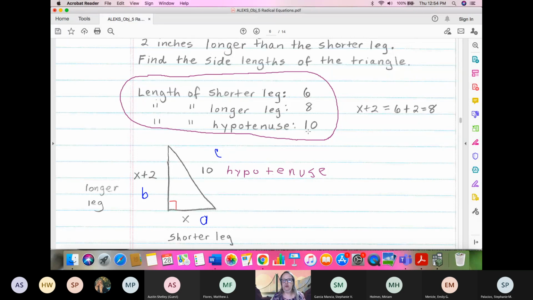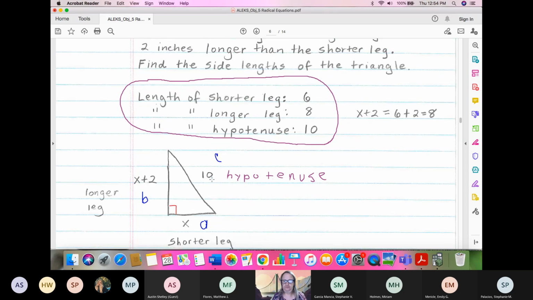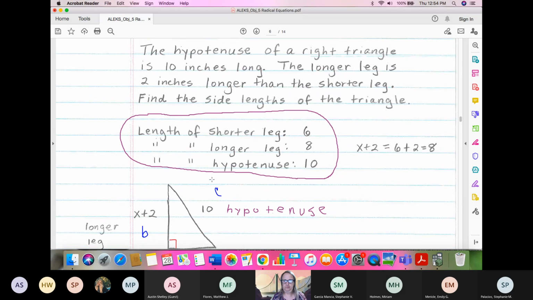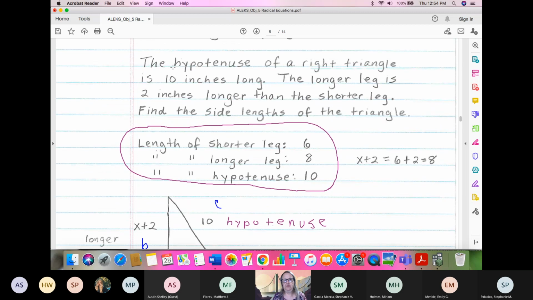So the first thing, since we were given that the hypotenuse is 10, I quickly drew a right triangle and put 10 next to the hypotenuse. The first statement here says the hypotenuse of a right triangle is 10 inches long, so I drew a triangle and put 10 next to the hypotenuse.